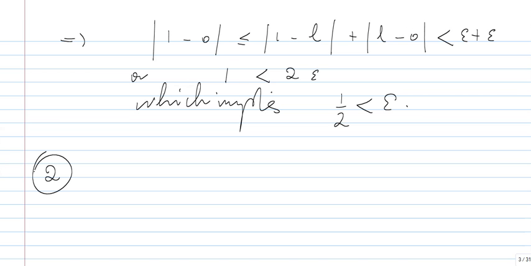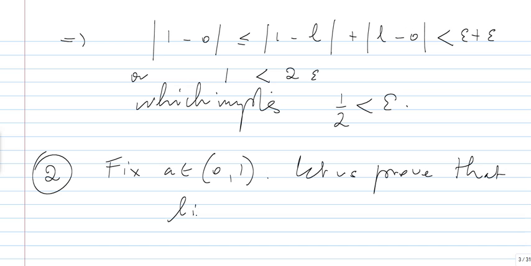Just to give you a quick idea: if you assume that you have a limit of g of x, and you take a bunch of rationals which converge to a, so fix a in 0, 1, you want to prove that the limit of g of x when x goes to a is equal to 0.